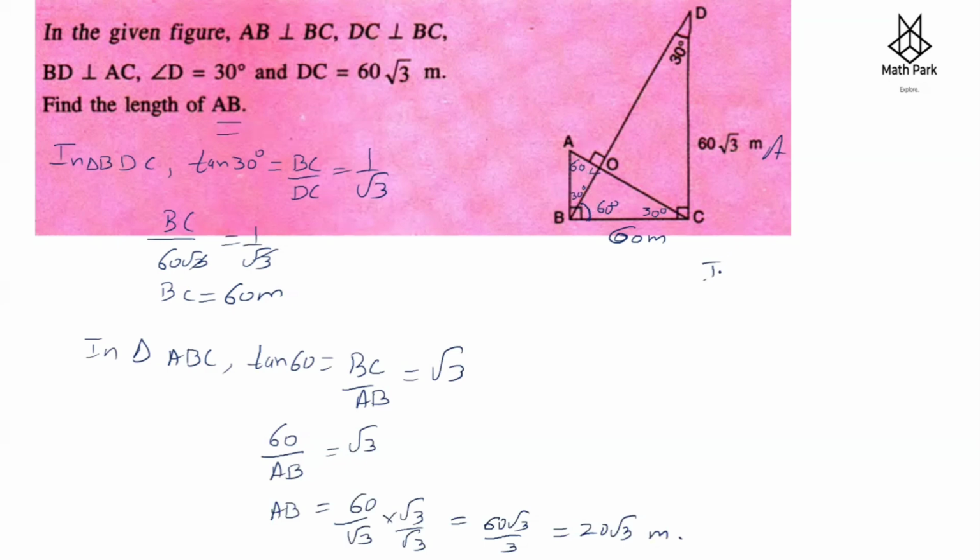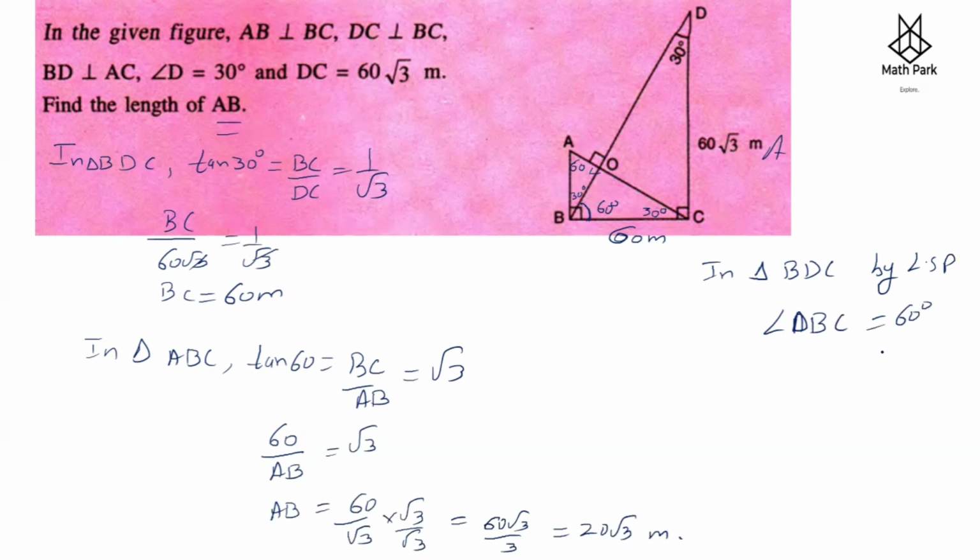So in triangle BDC, by angle sum property of a triangle, you get angle DBC is equal to 60 degrees. Okay.